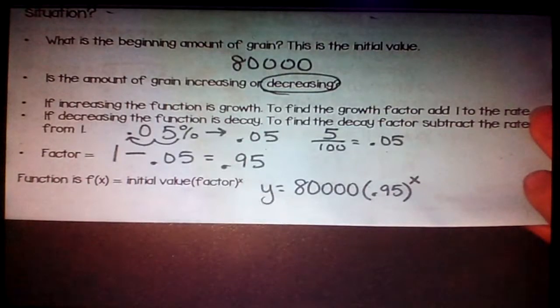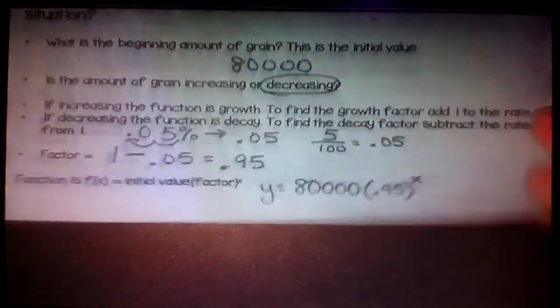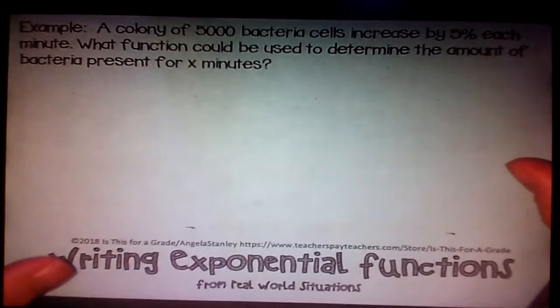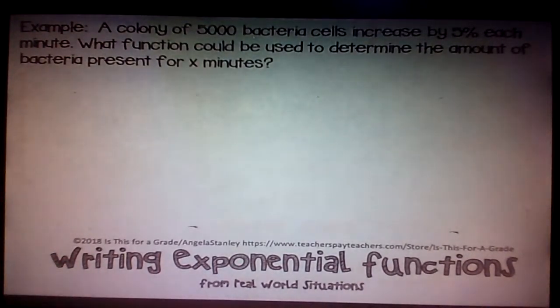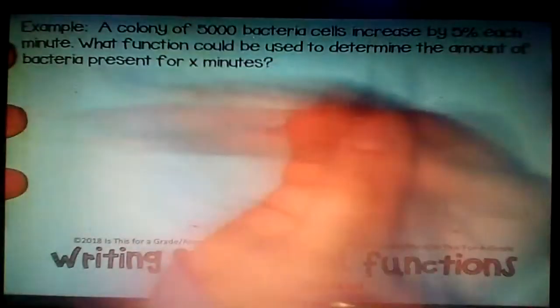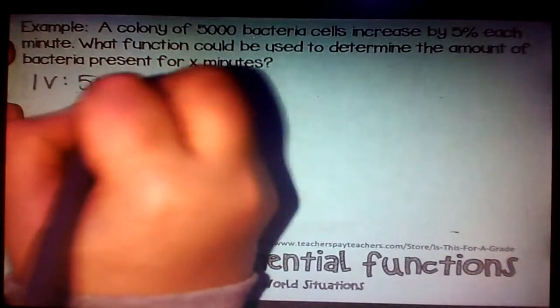Questions on that one? Okay. Let's try this one without any steps. So, Sabi says my initial value is 5,000.